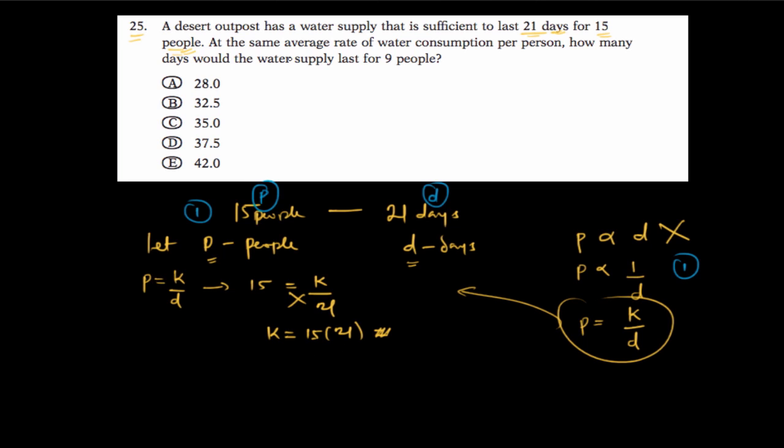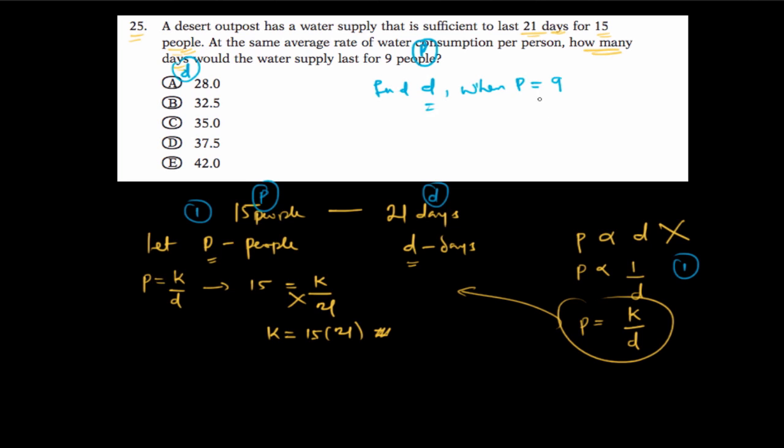Now the next information says how many days would the water supply last for 9 people. In other words, it says find D when P, the number of people, equals 9.